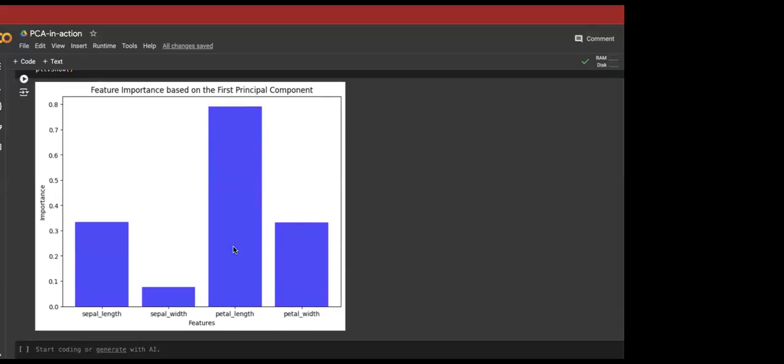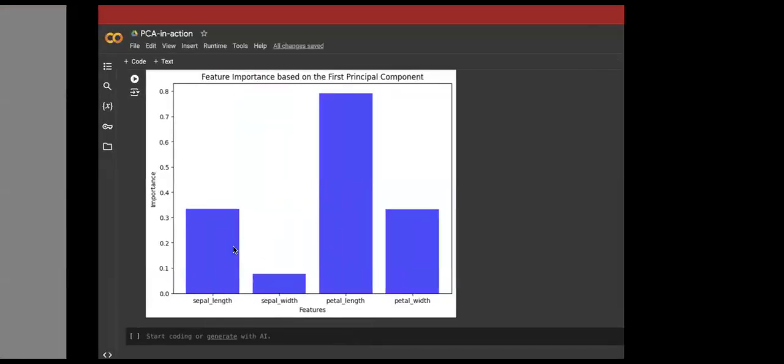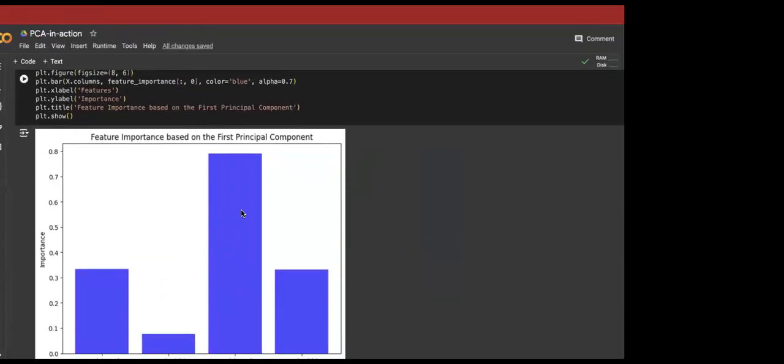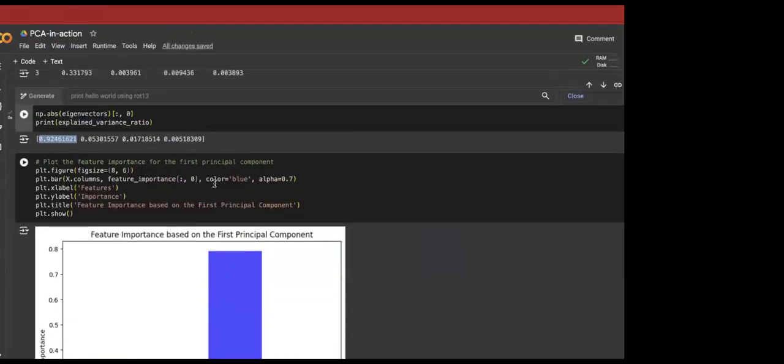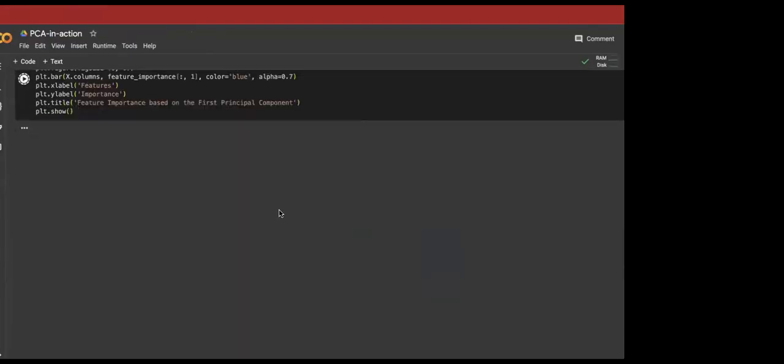Fine. So PCA is also important in determining what features are important for your data. For example, on this basis you can say that petal length is a very important feature. We can do it for the second eigenvector also.